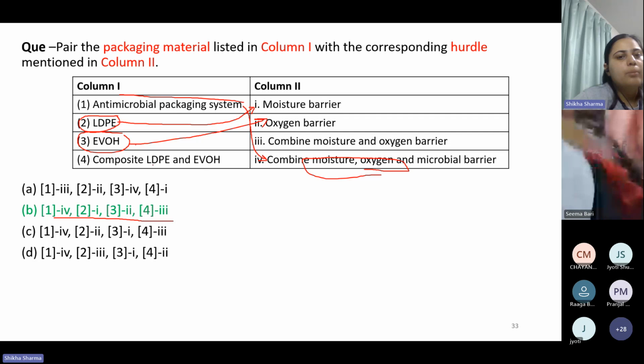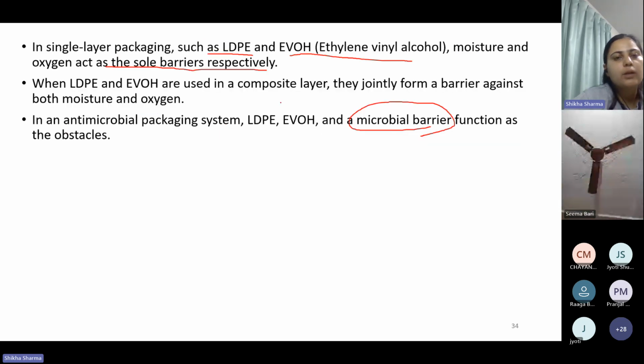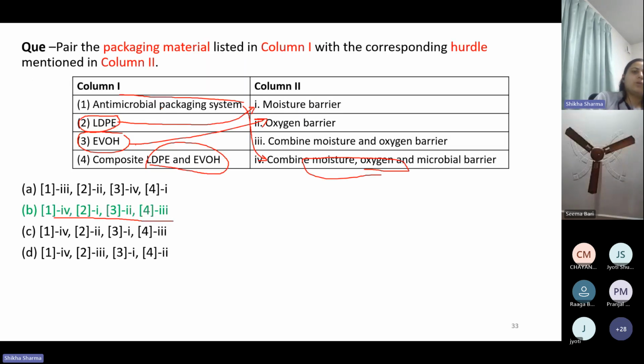And the composite of LDPE and EVOH: since one is providing one barrier property, the composite layer will jointly provide a barrier against moisture and oxygen. So option B is correct, and option A is not correct.